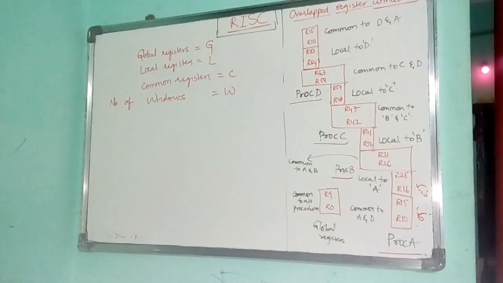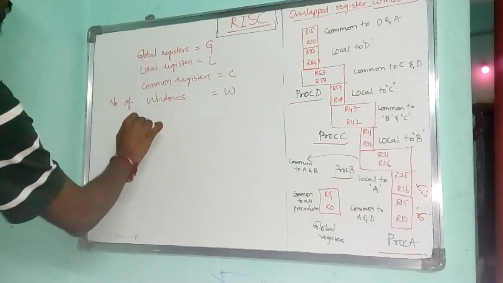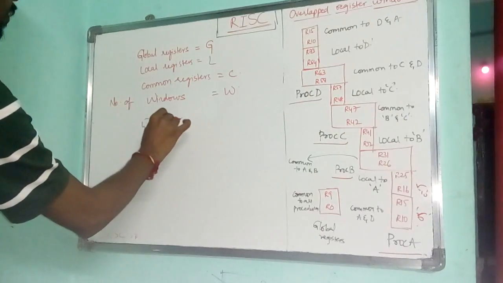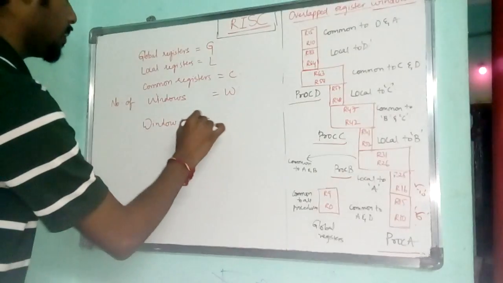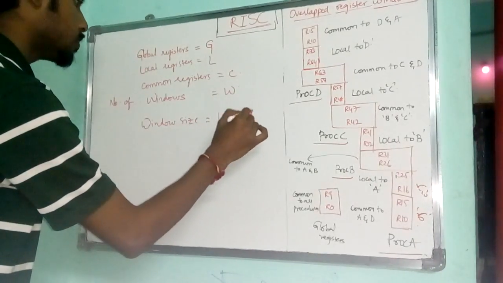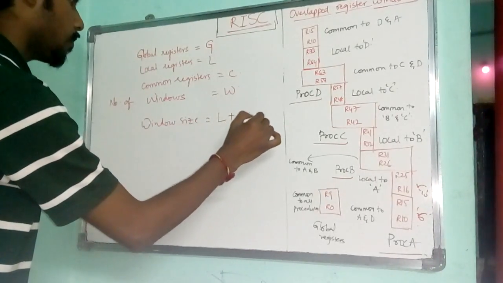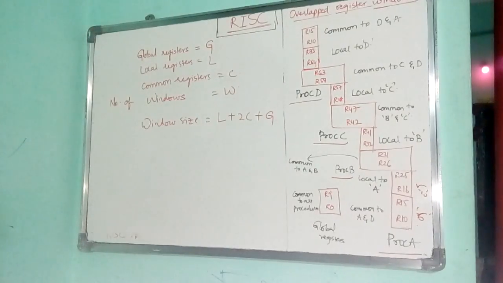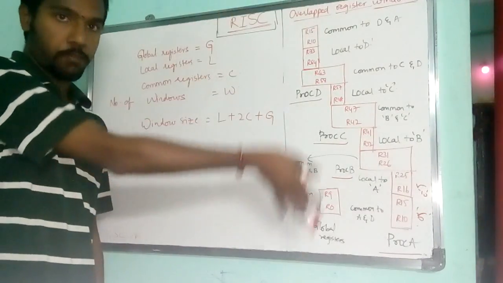For knowing the window size, it is L plus 2C plus G.